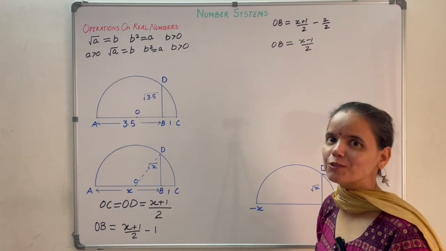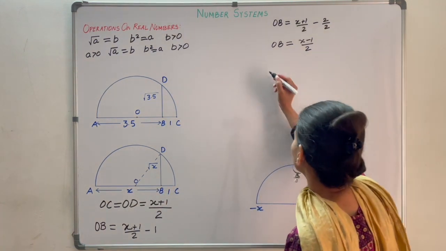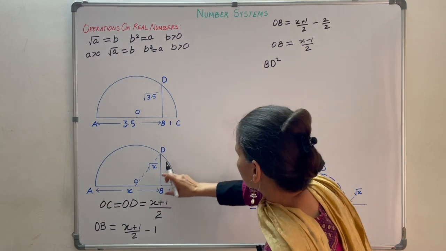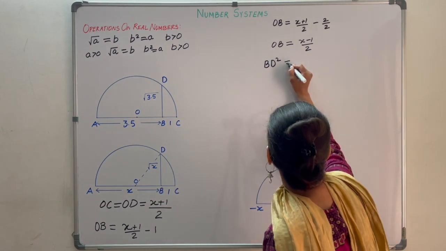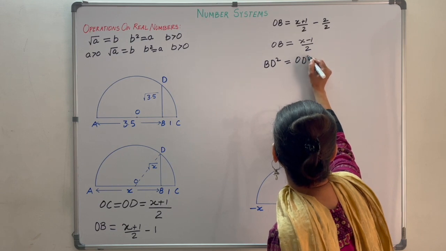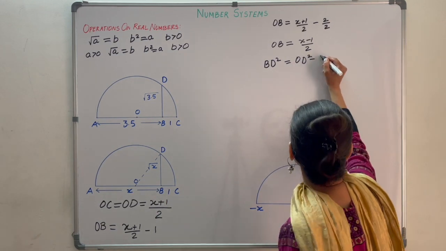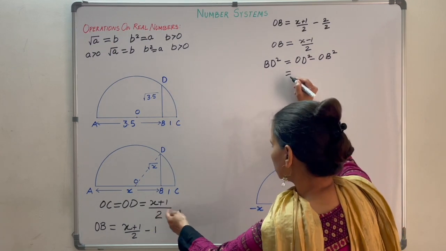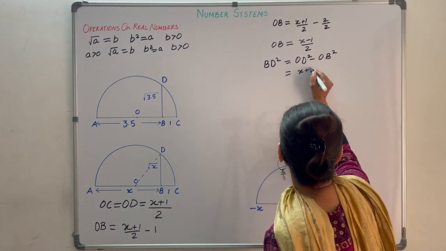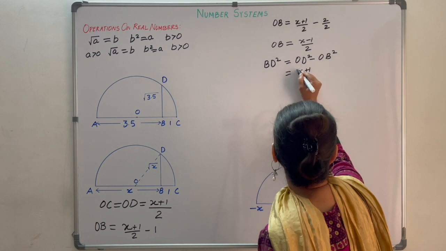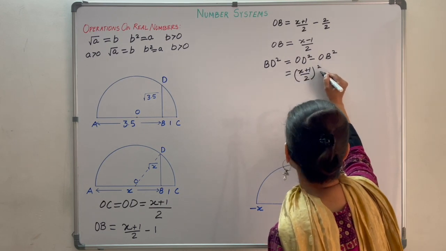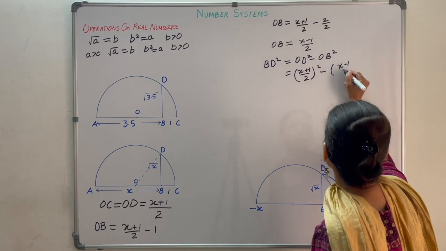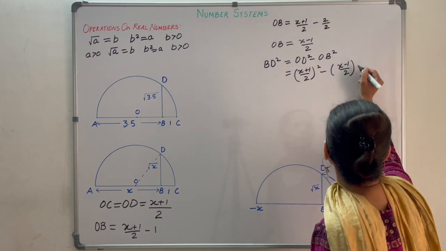Now let us find out BD using the Pythagoras theorem. So using the Pythagoras theorem, BD square is equal to OD square minus OB square. And how much is OD square? OD square is ((x plus 1)/2) whole square minus, OB you got as ((x minus 1)/2) whole square.